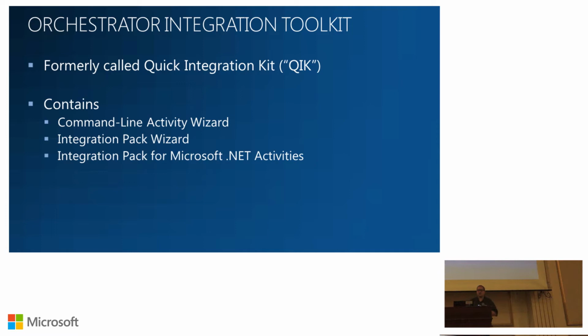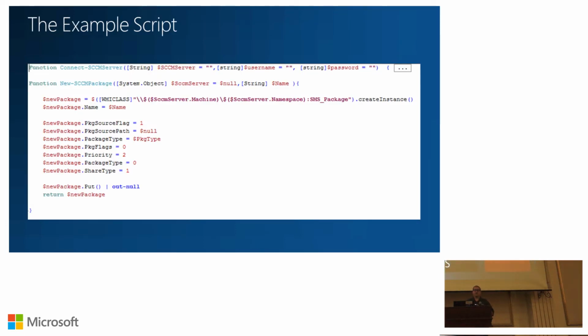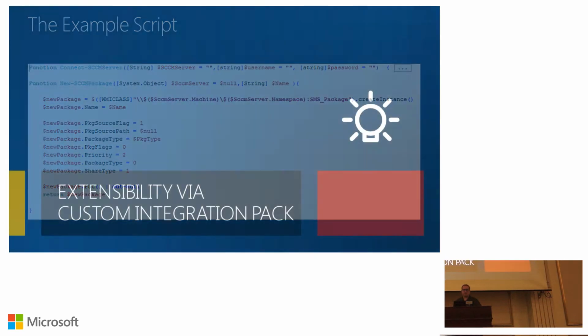So with the integration of Orchestrator and the possibility to run the scripts, you can create a centralized repository of all your scripts and run them in a central way. You have central control over which scripts have been executed, which scripts didn't execute, and what the problem was. Extension, I mentioned already.